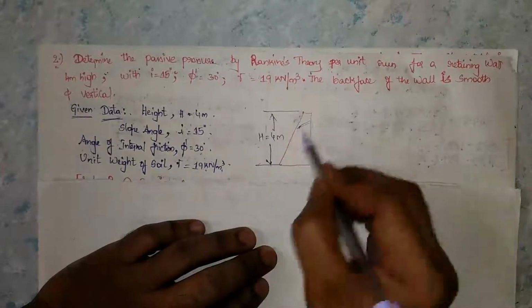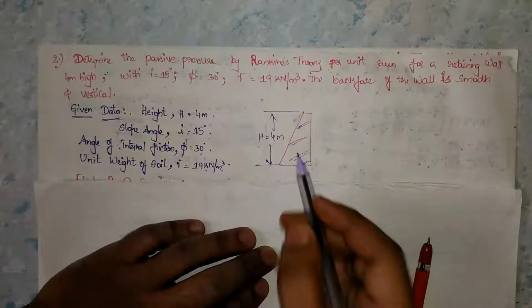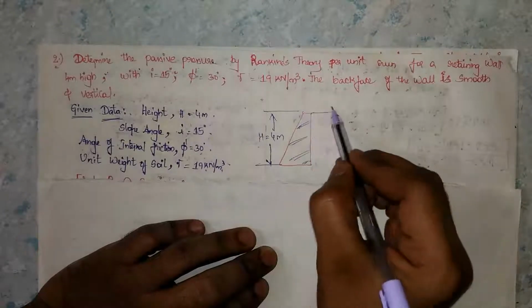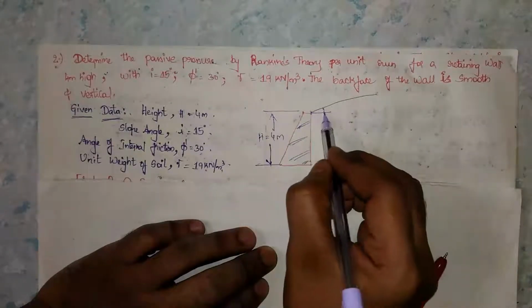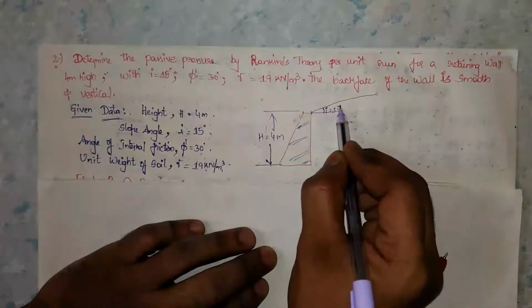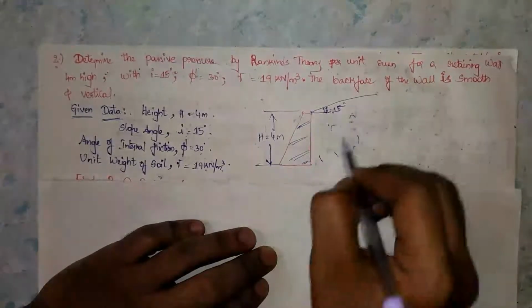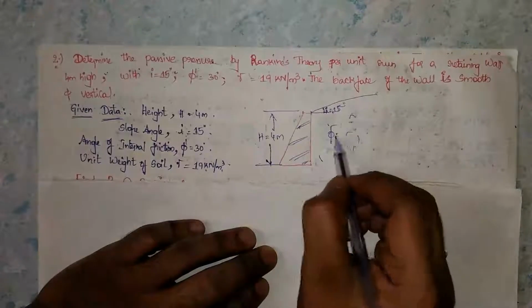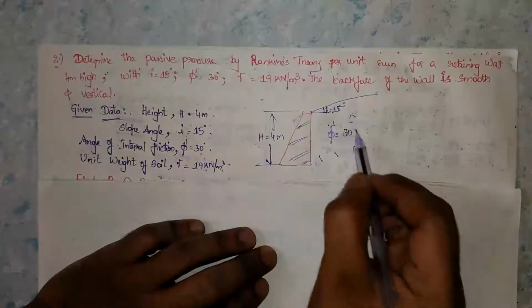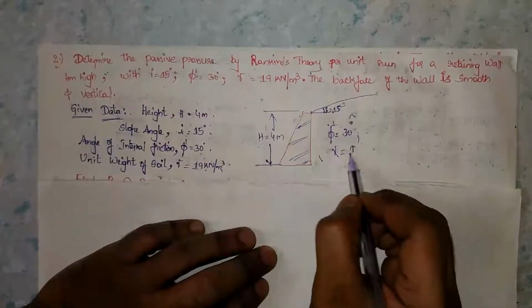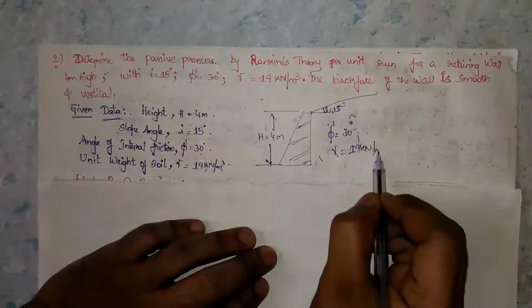And the angle i equals 15 degrees. Here the soil surface is there. Next, phi equals 30 degrees, and unit weight equals 19 kilonewton per meter cube.